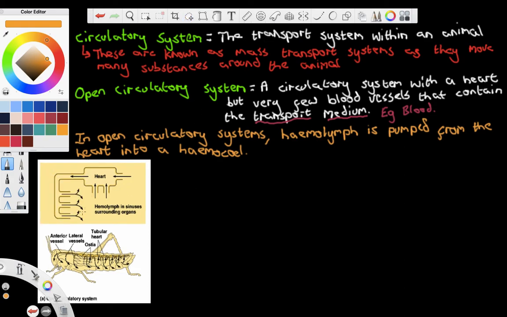And we can get a couple more keywords out of the way. So we've also got haemocoel, H-A-E-M-O-C-O-E-L. A haemocoel can be defined as the open body cavity in an open circulatory system.